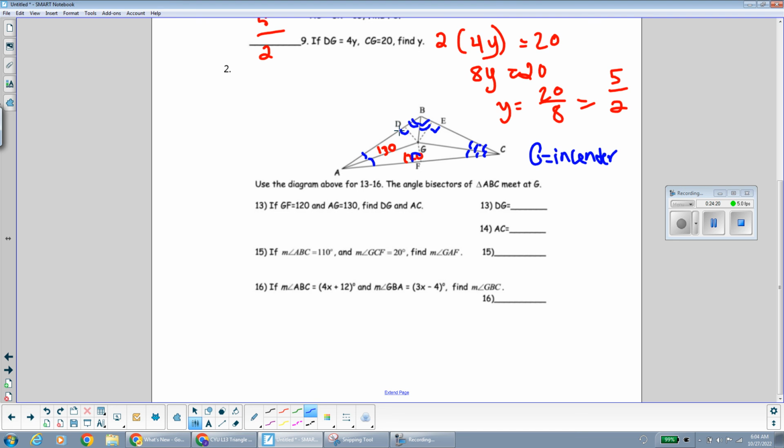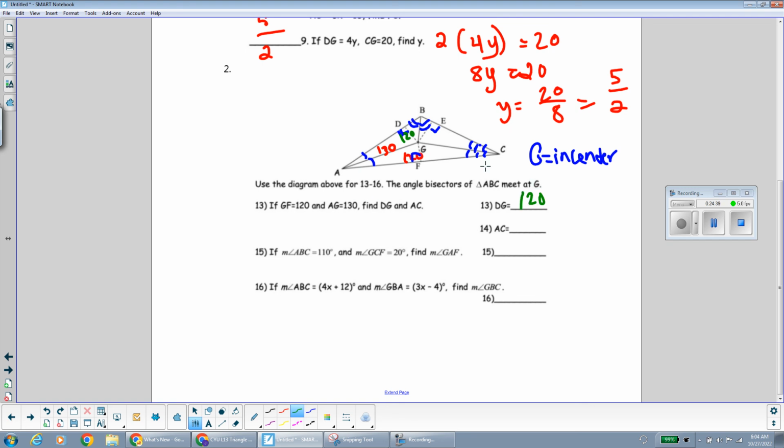So what we really have here are a bunch of right triangles. And if GF is 120, that means DG is also 120. So I'm going to write here DG is 120. It's the same thing as GF.